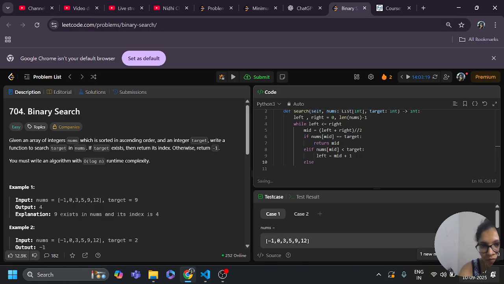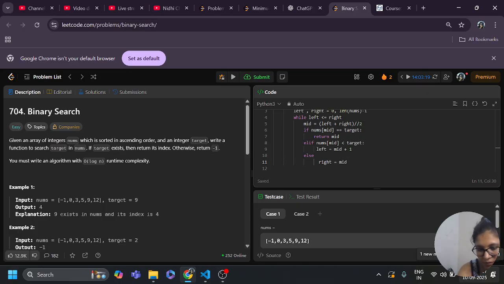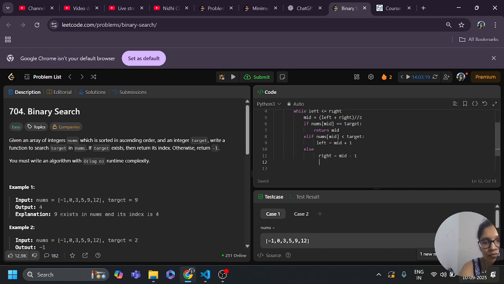Else, right equals mid minus 1. Then return -1.